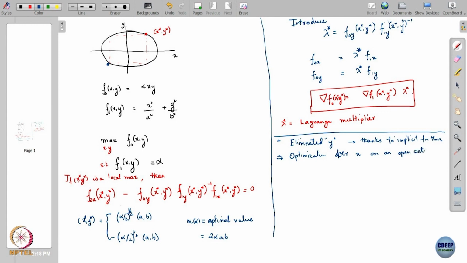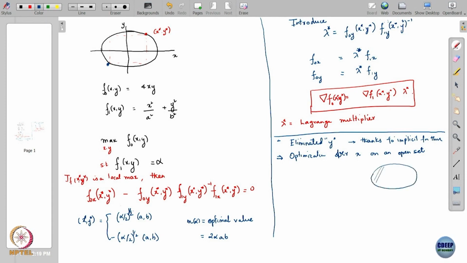Now, when we applied the implicit function theorem, remember what we used. We used that around this point x star y star, we were always on the surface of this particular ellipse. So, could we have applied the implicit function theorem if we did not have this particular feasible region, but rather a feasible region that looked like this?